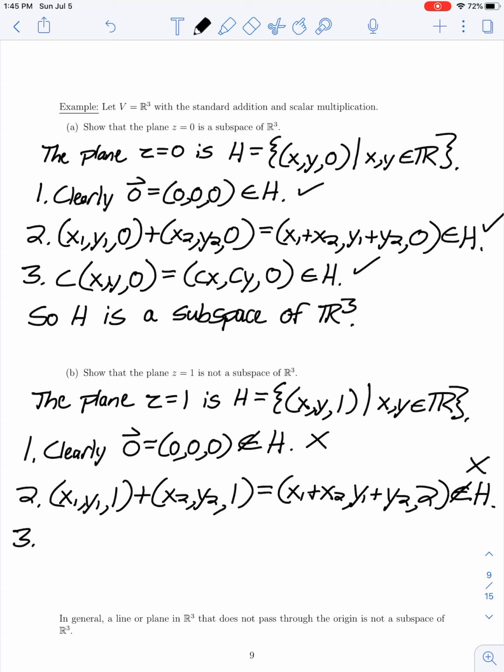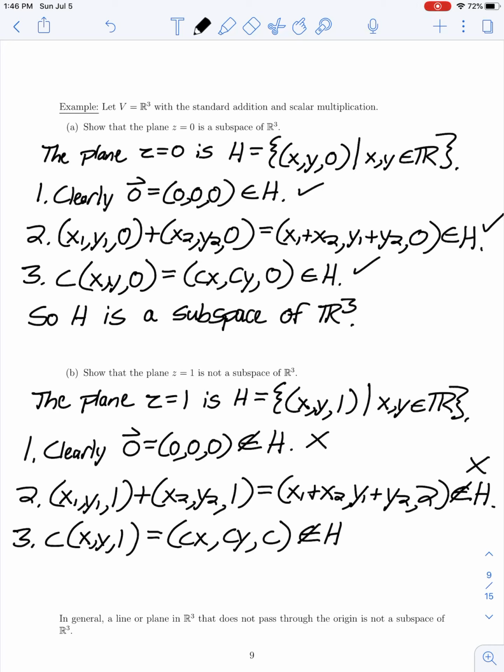Or we could have also used property 3 and shown that it is not closed under scalar multiplication. So here, if we were to take any scalar, let's say some constant c, and multiply by a vector in the set H, something of the form x, y, 1, then we have the vector cx, cy, and c, which is not contained in H for any scalar c.